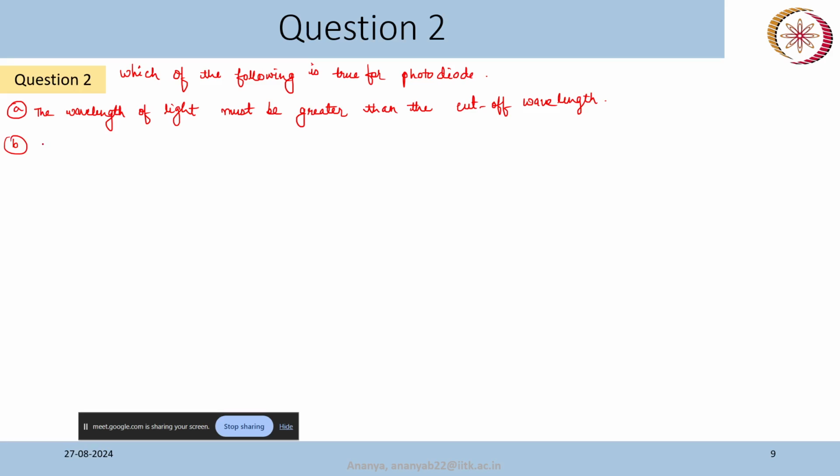Second option is there is no photo generated current in forward bias. Option C is the photodiode is used in reverse bias in general.